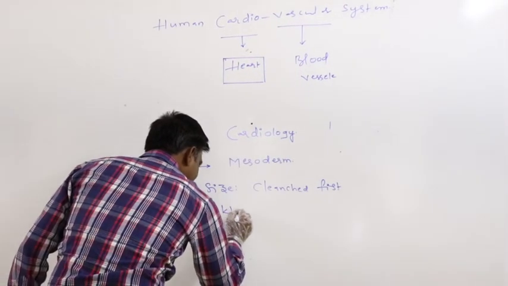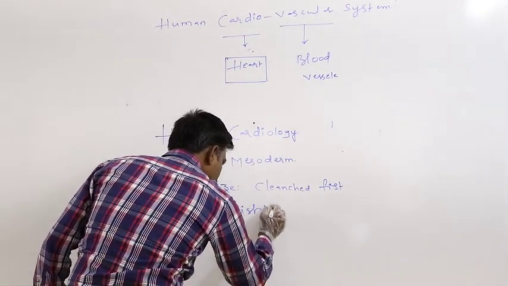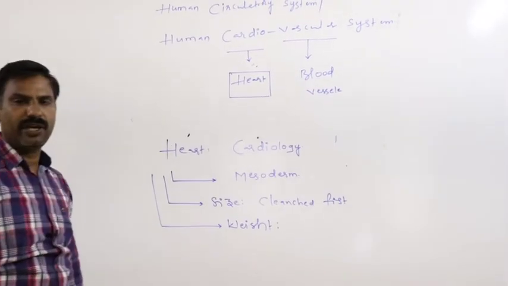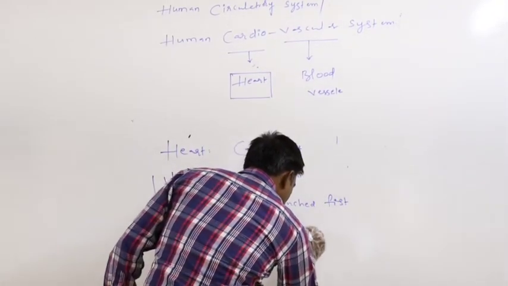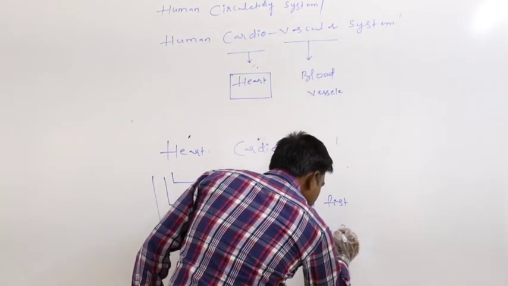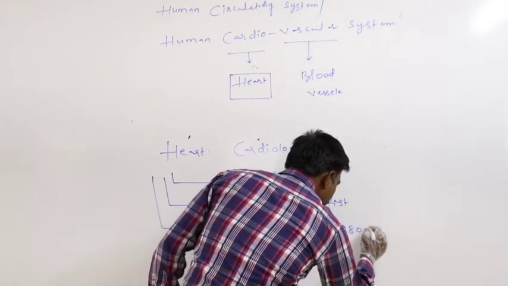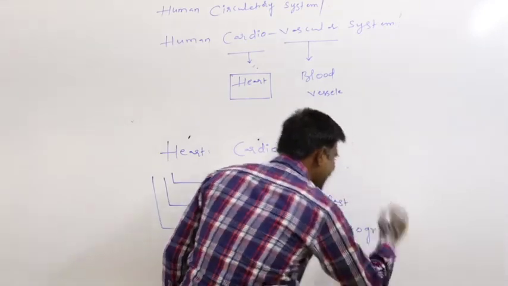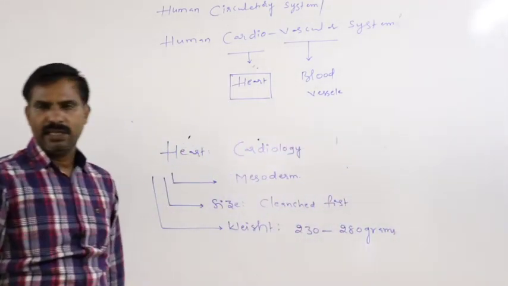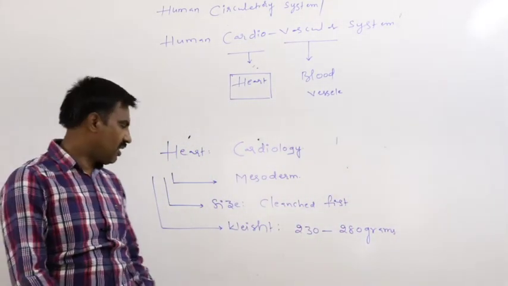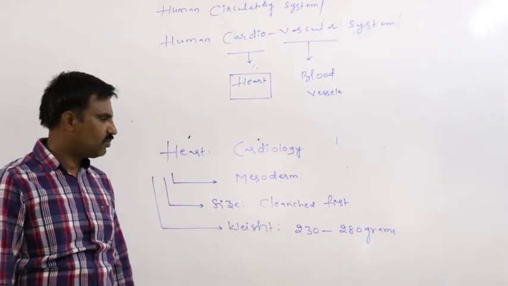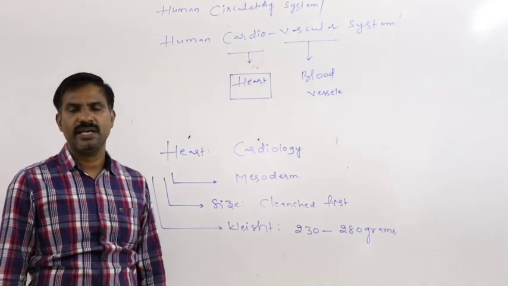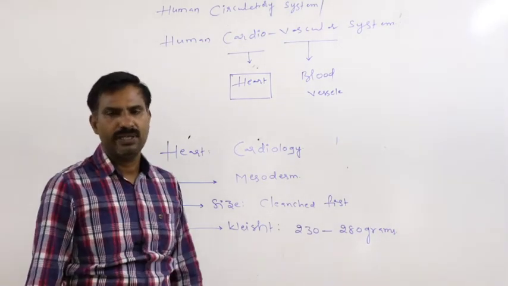What is the weight of a person's heart on average? About 230 to 280 grams is the average weight.